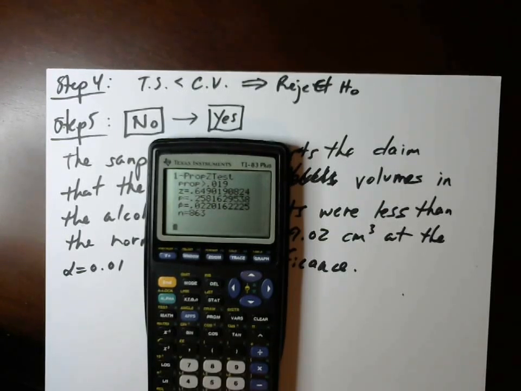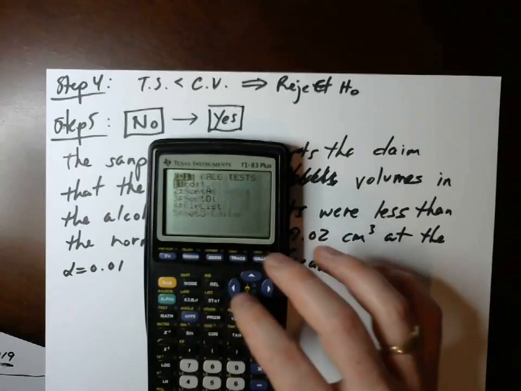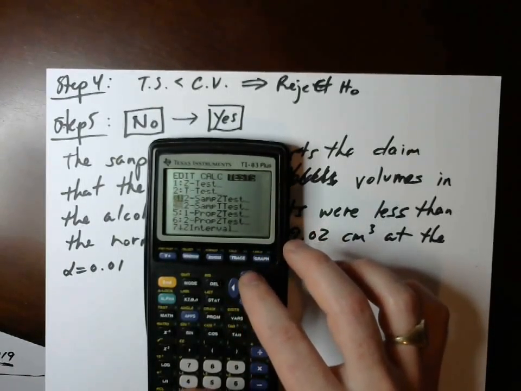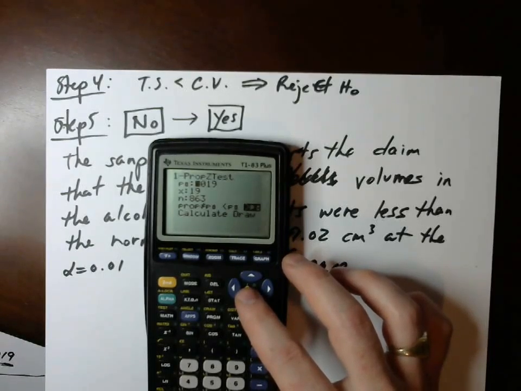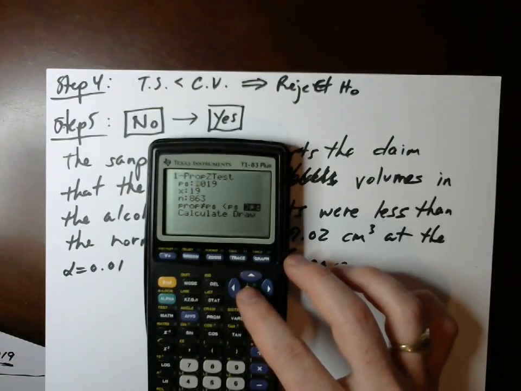Actually, what happened? 863, 0.019, 258. Wait, where am I? Let me make sure I entered this in correctly. Test, 1-PropZTest, 0.019. It's a greater than.